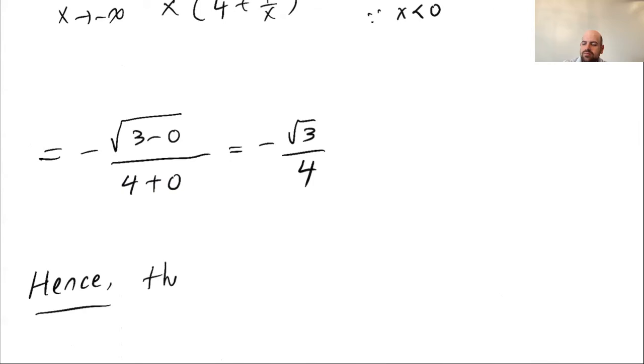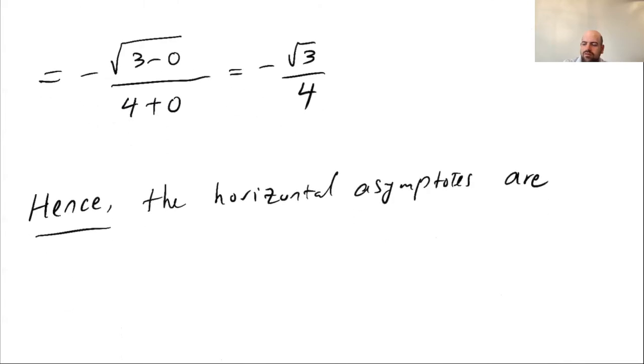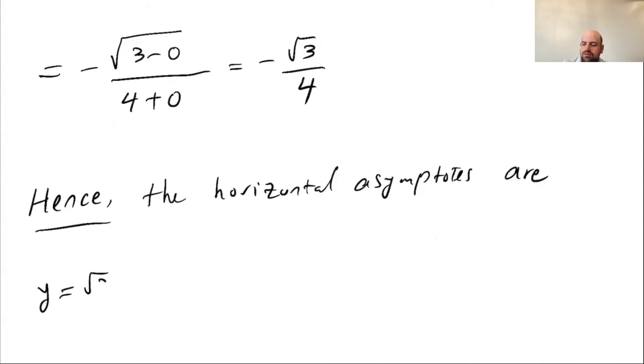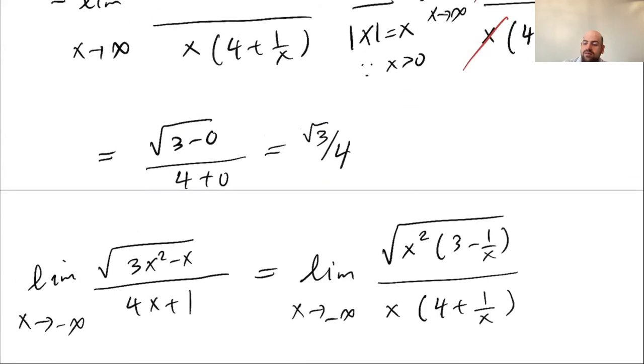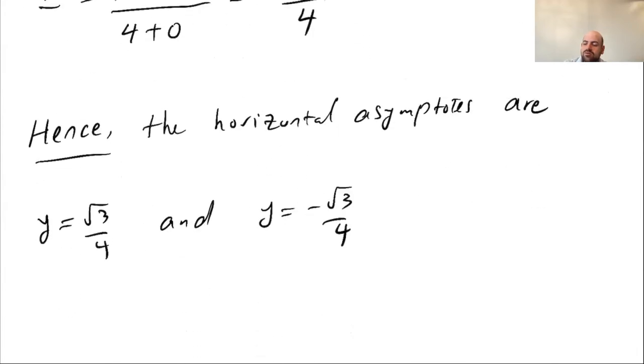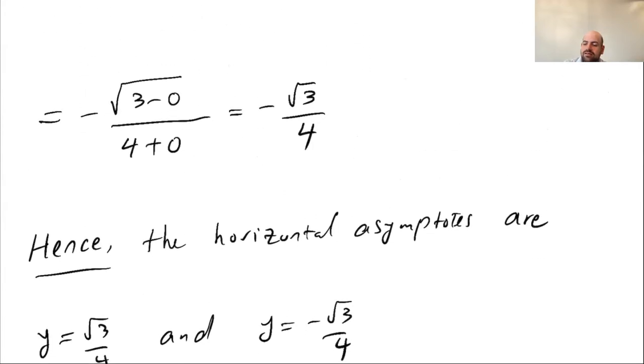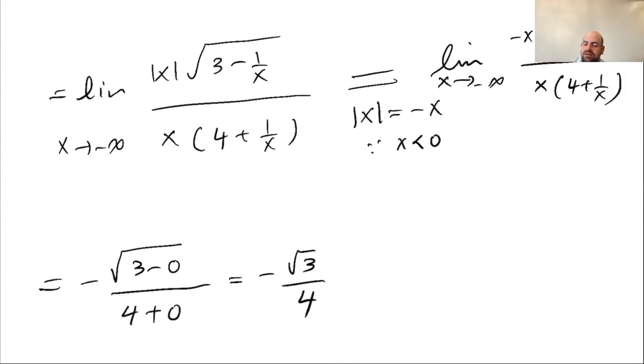The horizontal asymptotes are y equals root 3 over 4 and y equals minus root 3 over 4, right? So y equals root 3 over 4 because the limit as x goes to infinity is root 3 over 4, and y equals minus root 3 over 4 because the limit as x goes to minus infinity is minus root 3 over 4.